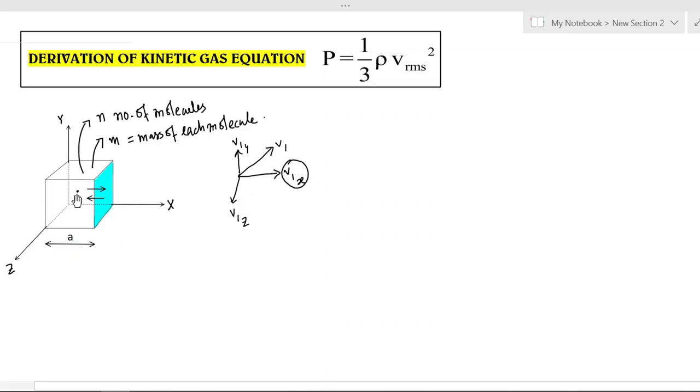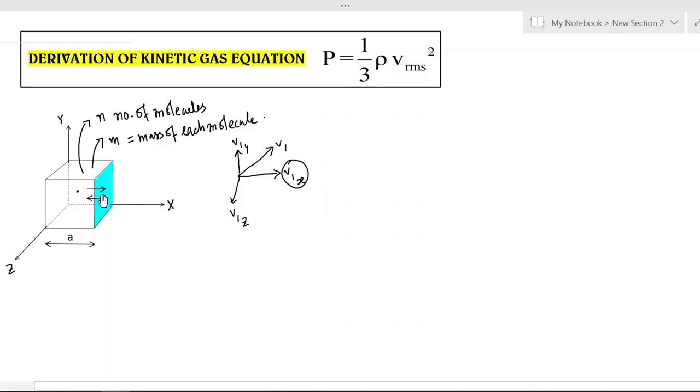So just imagine this molecule is coming in the x direction with a velocity v1x, colliding with this wall.